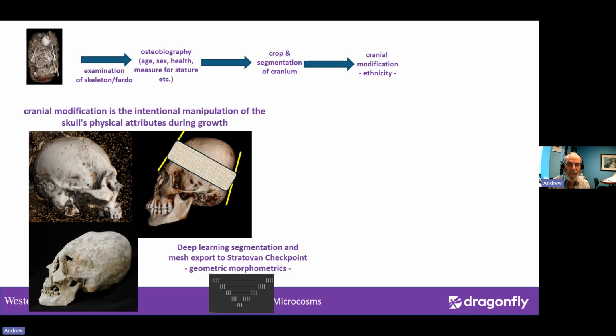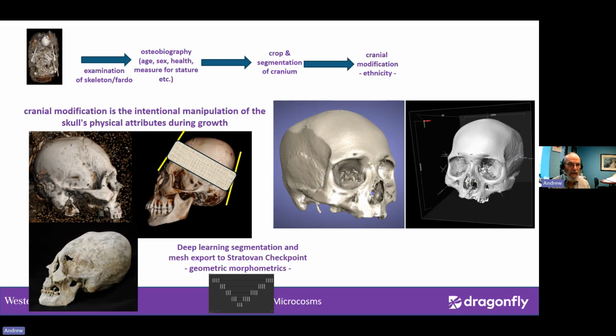skulls out from the scans. We then create meshes that get ported to a program called Stratovan Checkpoint, and we do an analysis called geometric morphometrics, and this is underway right now with one of my students.